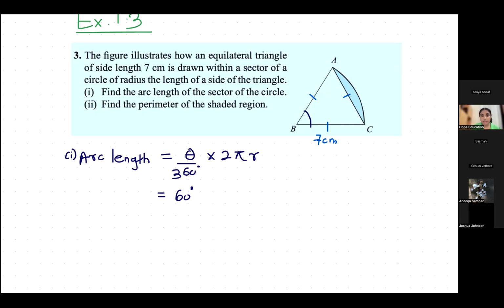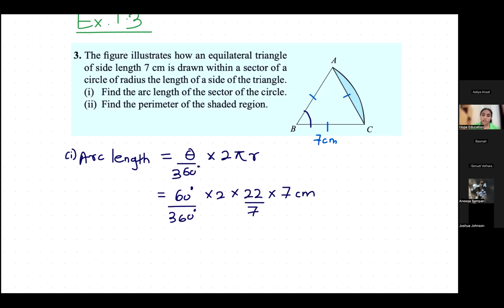So 60 divided by 360 multiplied by 2 multiplied by pi, which is 22 over 7. What is the radius here? 7 centimeters. Yes. They have said that the radius is the same as the side of the triangle. The side of the triangle is 7 centimeters, so the radius is 7 centimeters. Let's simplify.